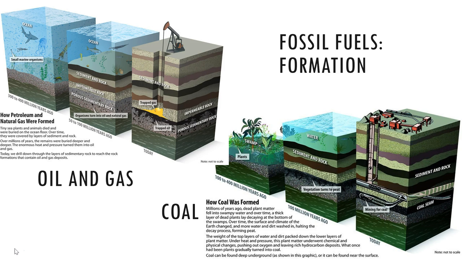So of course, fossil fuels are the result of a long-term process within the Earth's crust. In this case, when we're talking about oil and gas, we're talking about products that have arisen due to mass die-off in primordial oceans. So you're talking 300 to 400 million years ago. Mass extinction events means that we have a large number of organisms which have died and laid at the bottom of the ocean floor.